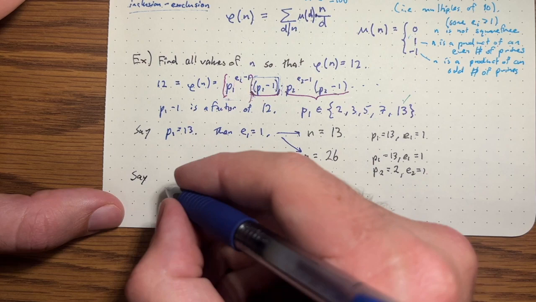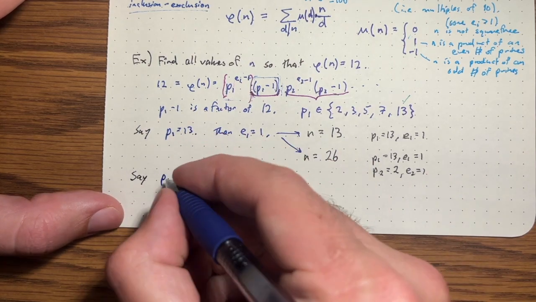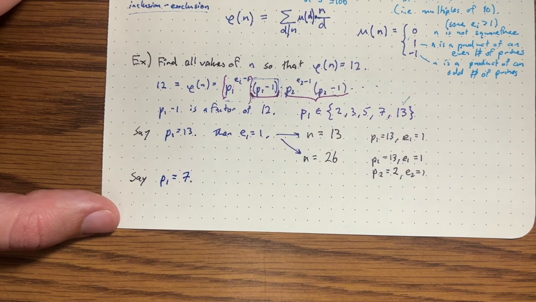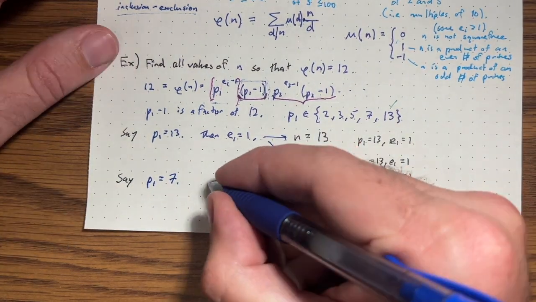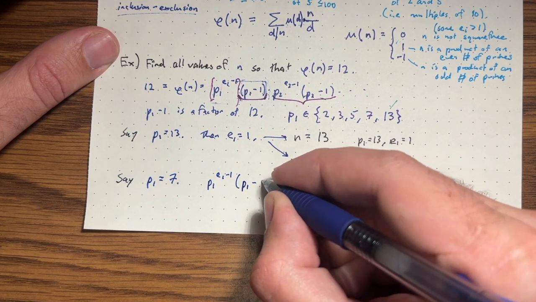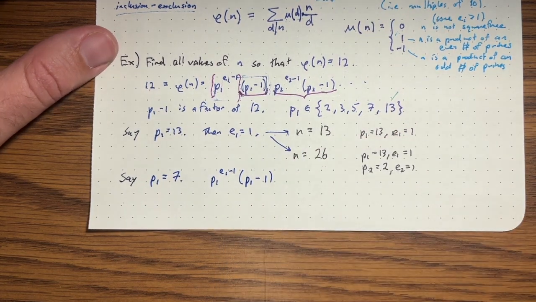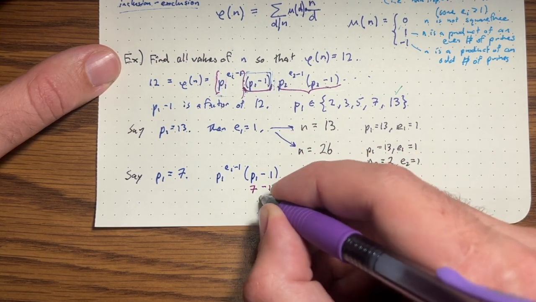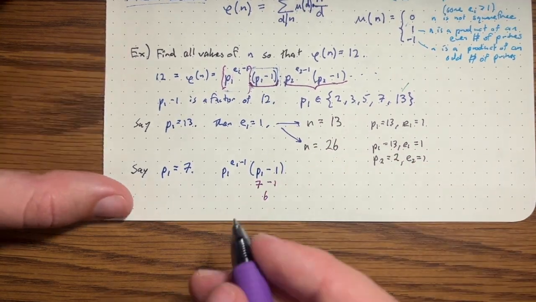So what if instead of the 13 we had the next largest prime, 7? What does that tell us? Let's look at this a little closer. P1 would be 7, so you have 7 minus 1, that's 6. Can we have a 7 here?